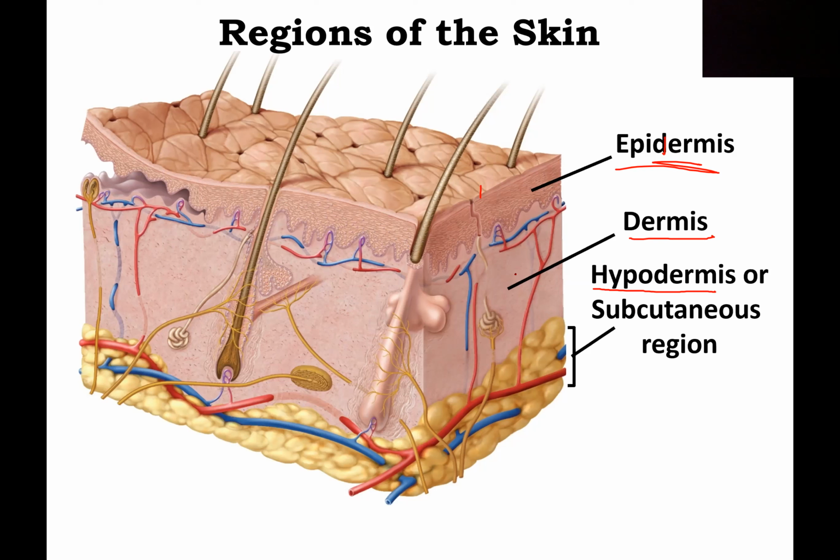The subcutaneous layer is what's going to be adhered to the muscle or bone deep to that layer. The thickness varies throughout the body. Your thickest skin is in the palms of your hands and the soles of your feet. Your thinnest skin is your scalp.